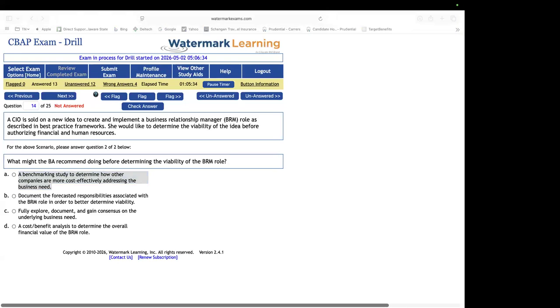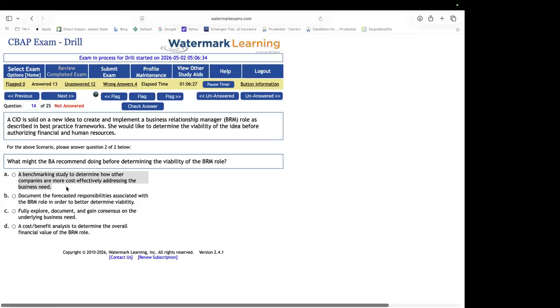In this case, I would say the benchmarking study has already been done, and it is more important to see if the BRM role is applicable to the specific company, because of the other roles they have already implemented in the company, so that maybe the tasks and responsibilities can be put to other roles.